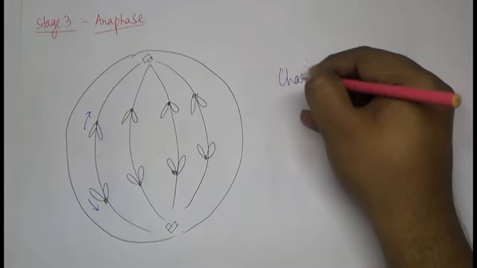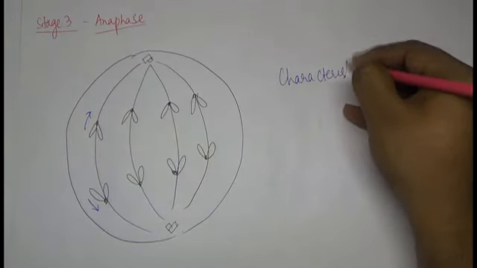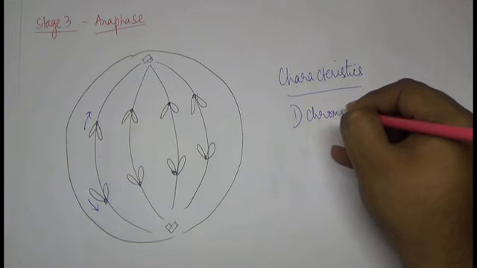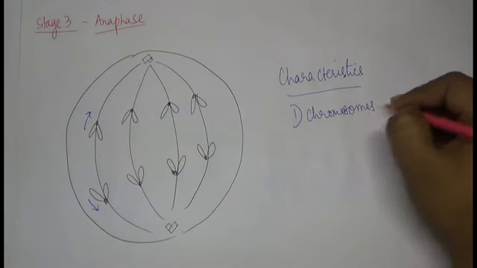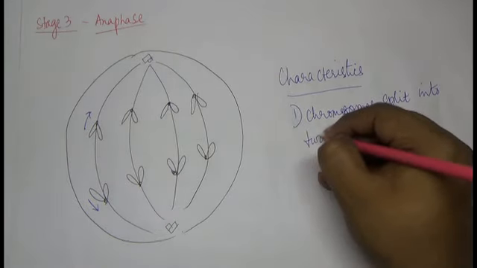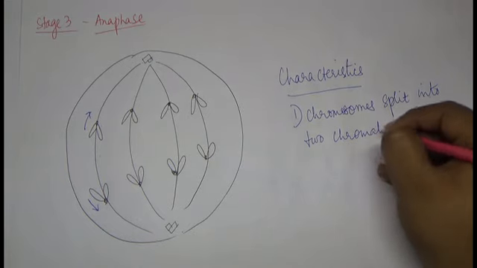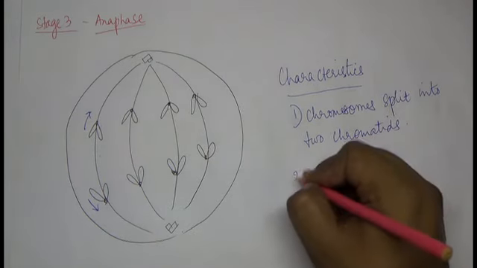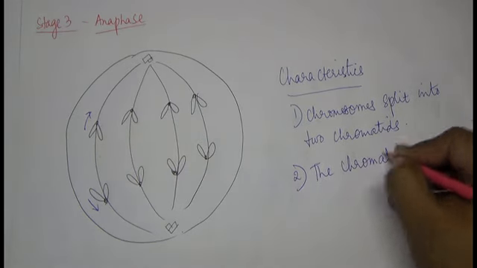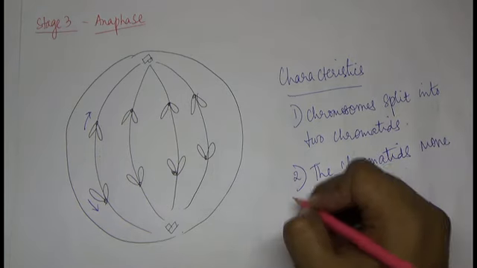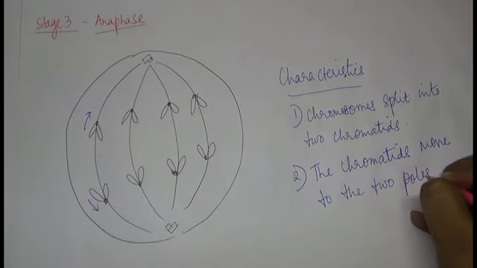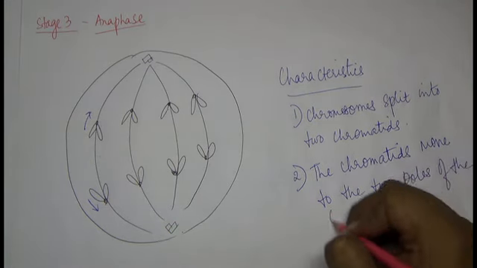So what do we see in its characteristics? We see chromosomes split into two chromatids. The chromatids move to the two poles of the cell.